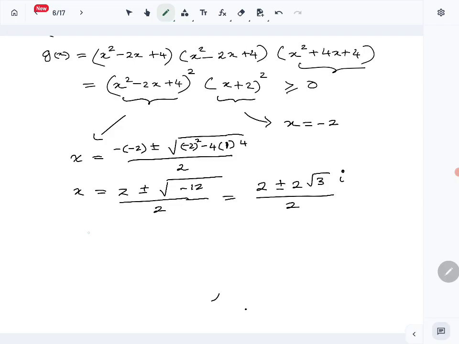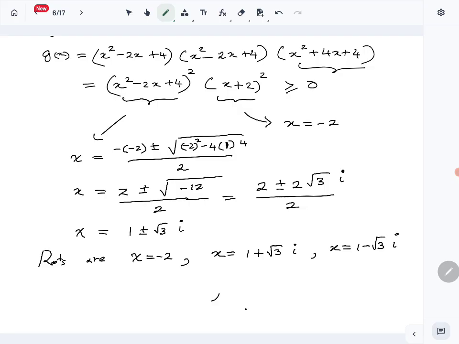So x equals 1 plus or minus root 3i. So roots are what? Roots are x equals minus 2, x equals 1 plus root 3i, and x equals 1 minus root 3i, right?